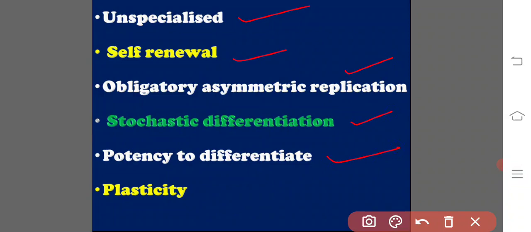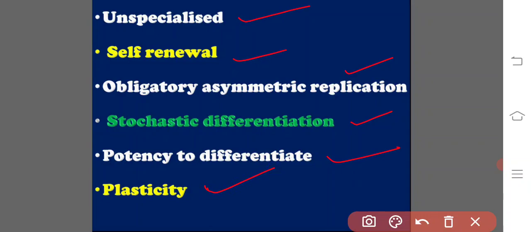They can differentiate into specialized cells such as nerve or heart cells. And coming to the plasticity, this is the property of a stem cell for conversion of one tissue stem cell which can form another tissue cell.